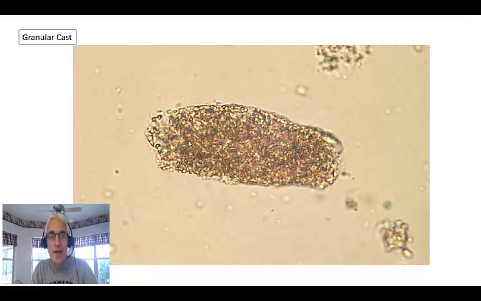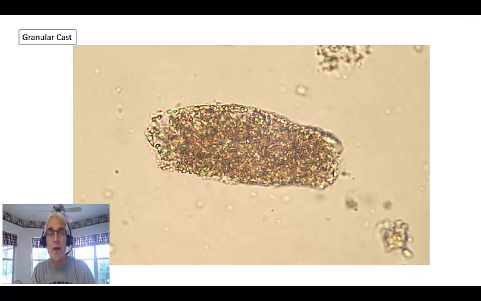Here's a granular cast. You'll see this in acute tubular necrosis, secondary to rhabdomyolysis, maybe pre-renal azotemia, a patient with heart failure, a patient that's been dehydrated, a heat injury patient. And because there's injury to the kidney itself, there's this sweating of granules and breakdown products that get caught in that proteinaceous cast.